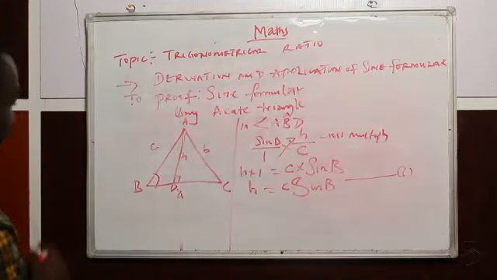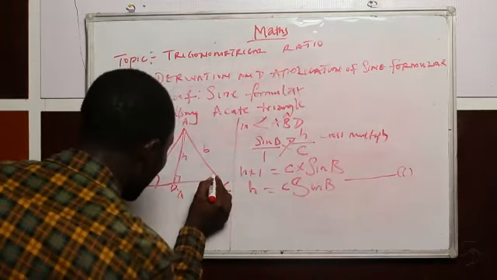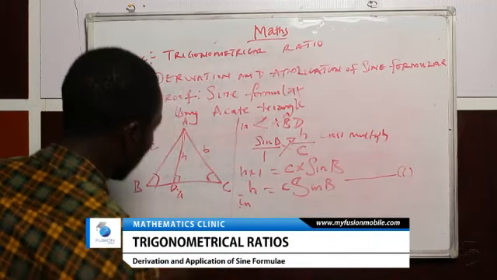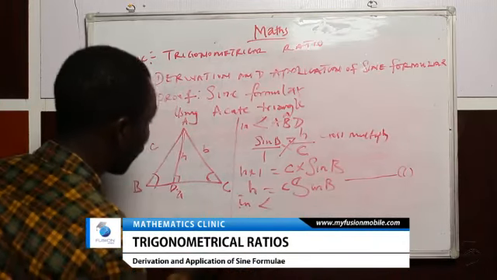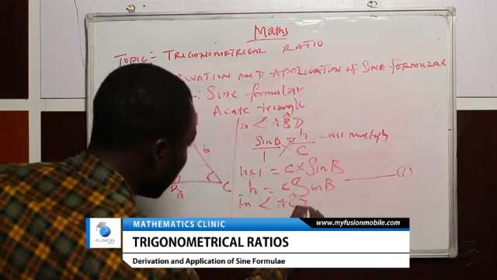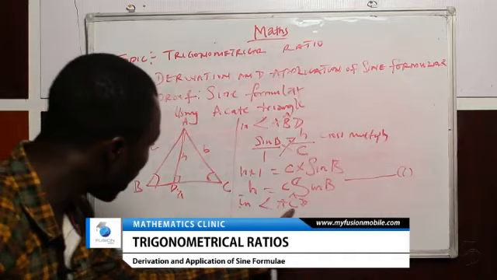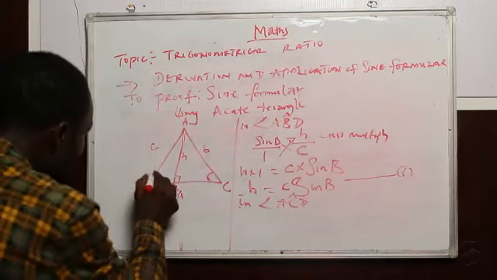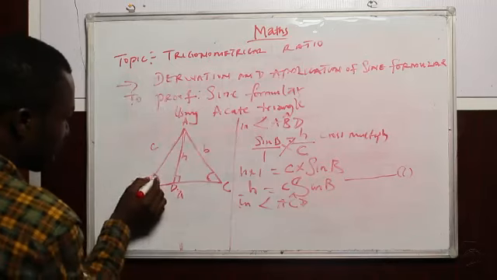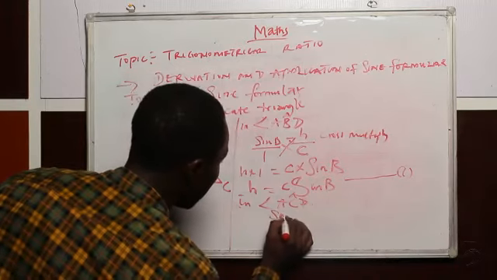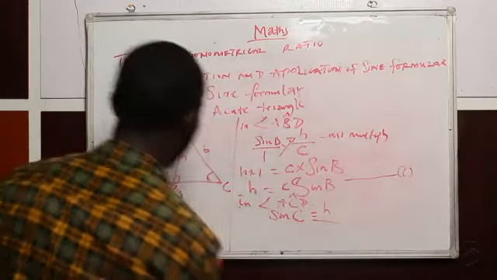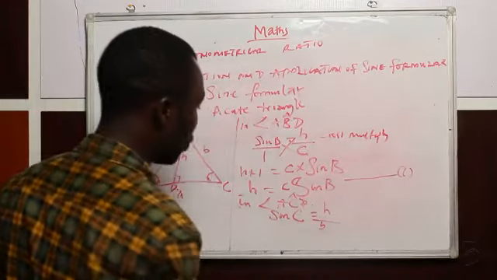Now, consider angle C in triangle ACD. The first thing we must consider with this angle is that sine C is equal to h, opposite, over hypotenuse b. Good.